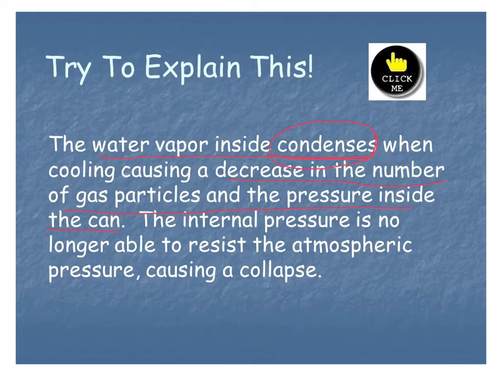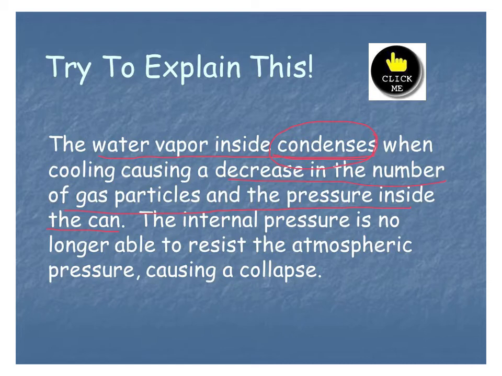So therefore the amount of gas is decreasing, and therefore the number of gas particles, which then causes a decrease in pressure. A decrease in pressure also causes an increase in volume. A decrease in temperature also decreases the volume. So you've got two things that are happening here, right?